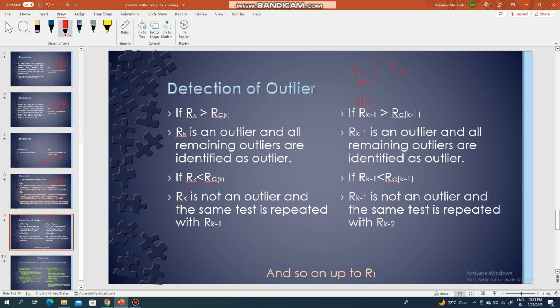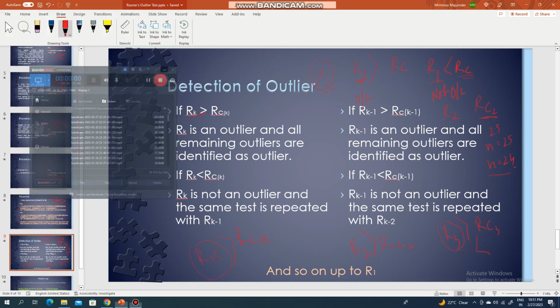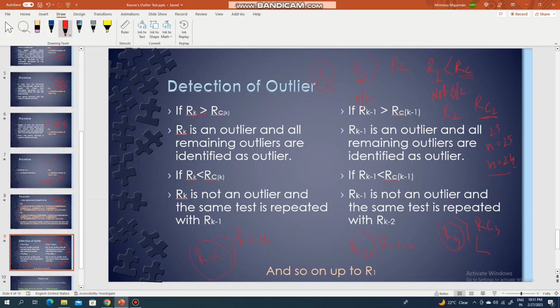So you have calculated RC and compared with R1. If R1 is greater than RC, then it is an outlier. Then you can assume that the remaining 10 outliers that we have assumed are also outliers.